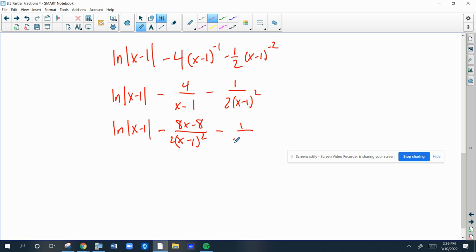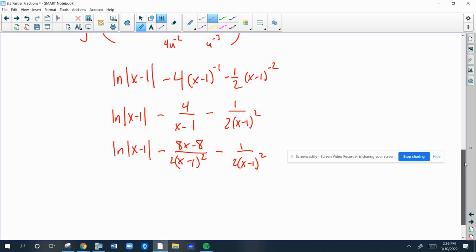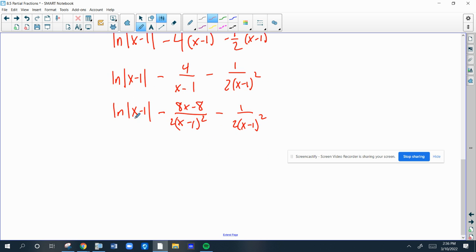So that was just getting a common denominator. So now I can add up the tops. Apply this negative to the top, so it's plus a negative 8x plus 8, and I have minus 1 from the second fraction, all over that common denominator of 2 times x minus 1 squared.